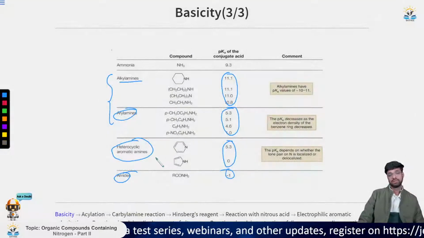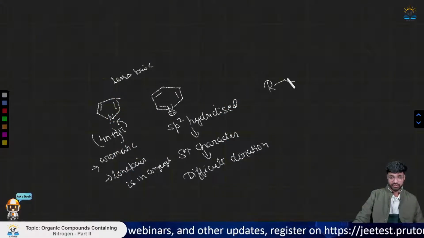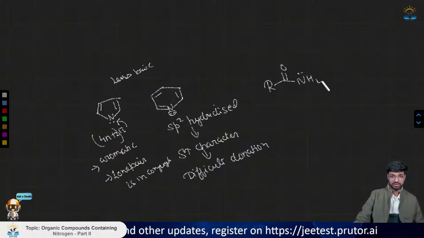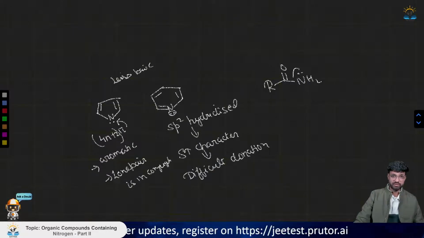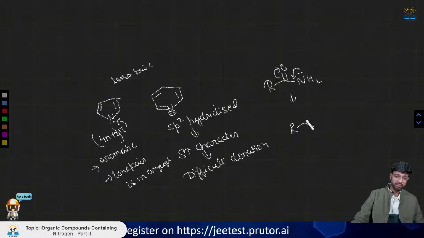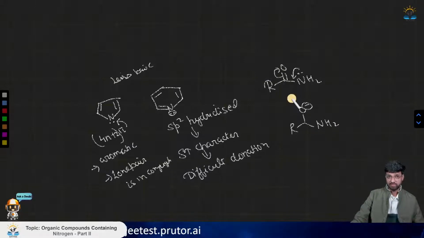Okay. Now the last one is RCONH2. If you consider RCONH2, then of course it is less basic, because the lone pair is going into conjugation like this. And most of the time, this lone pair lies on this. Okay, the equilibrium is shifted more towards this one, you should not disagree with that.